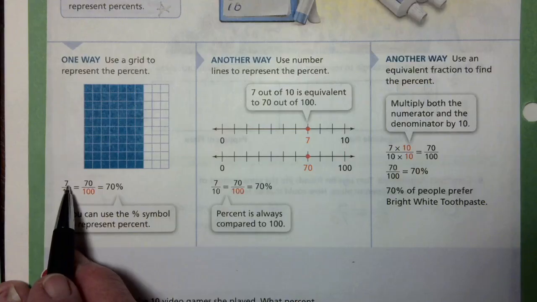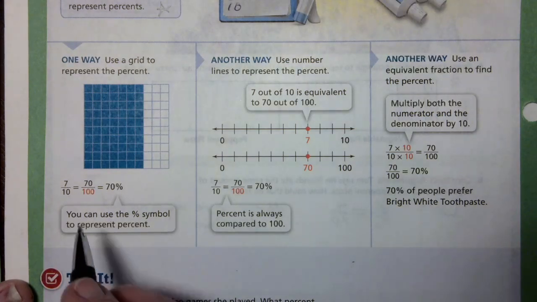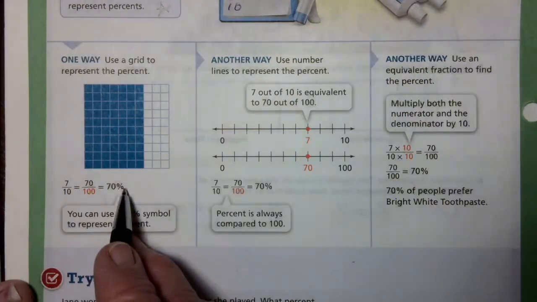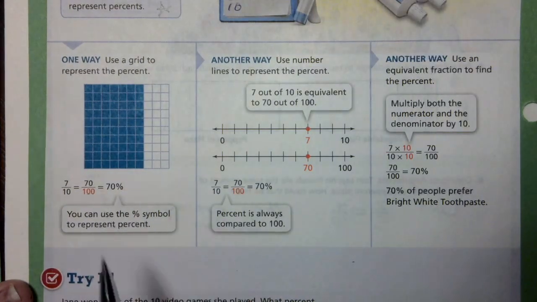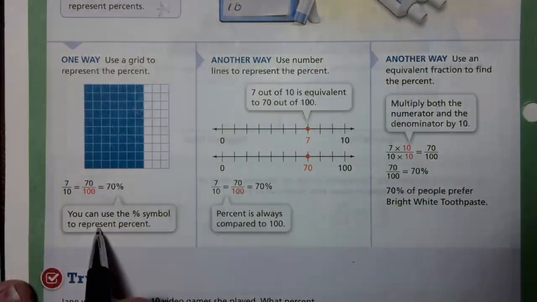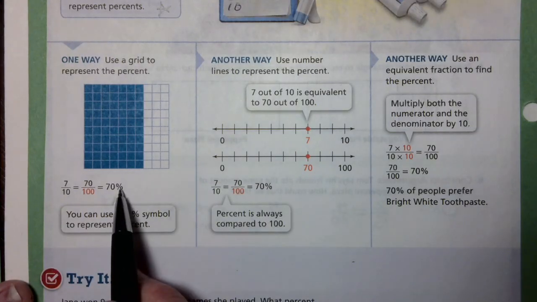If I multiply this number by 10, I get 70. So 7/10 is equivalent to 70 hundredths, and 70 hundredths is written as 70%. When you say the percent symbol, that means out of 100. So right here it says you can use the percent symbol to represent percent. So that means out of 100.